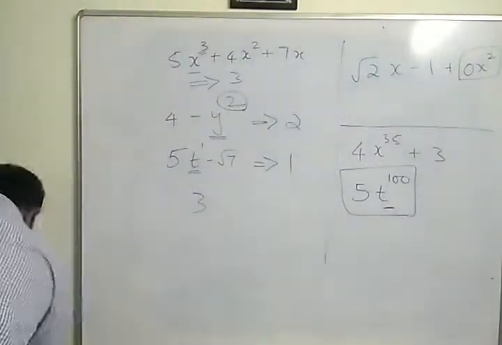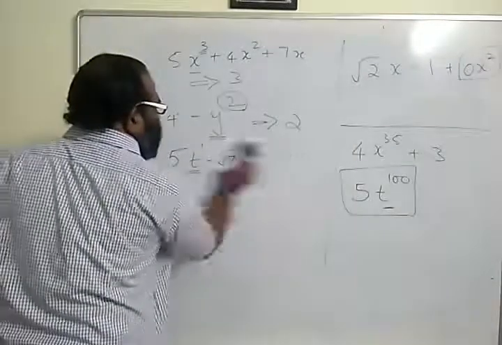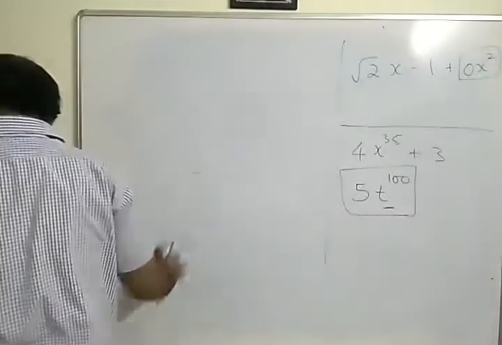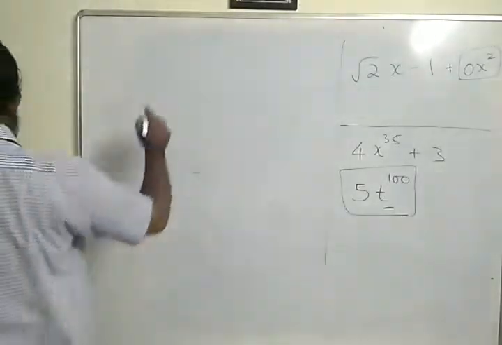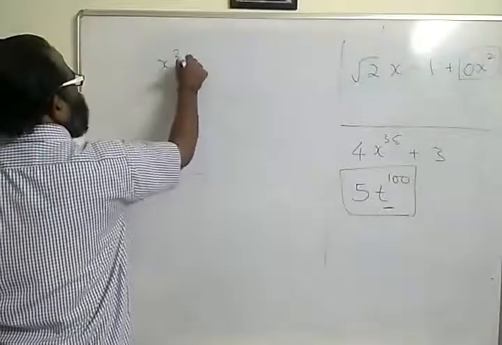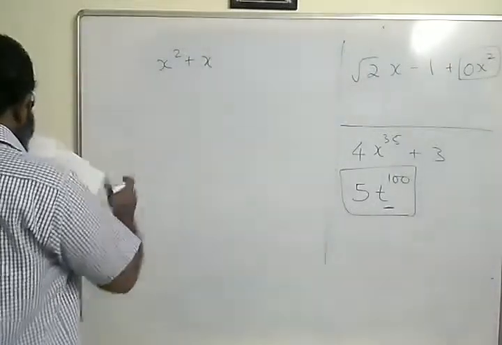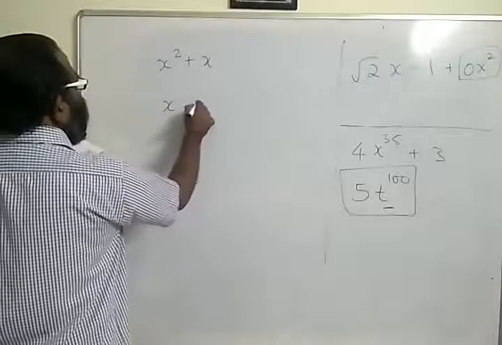So now the next one. Classify the following as linear, quadratic and cubic polynomials. X squared plus x. As I am writing it, you can write the answers, and you can check when I do it.